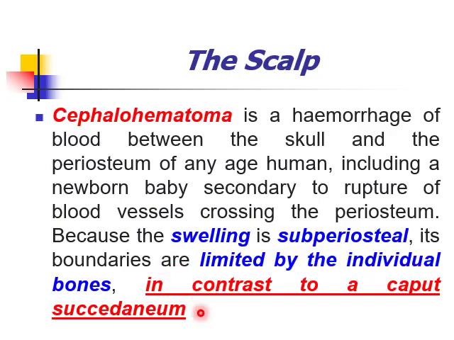If we see the previous picture, you'll see that the caput succedaneum might extend beyond the edges of the bone beneath it, so it covers two adjacent bones. While cephalhematoma is confined to a single bone. It does not cross. Why? Because the periosteum is firmly adherent to the edges at the sutural sides of the bone.